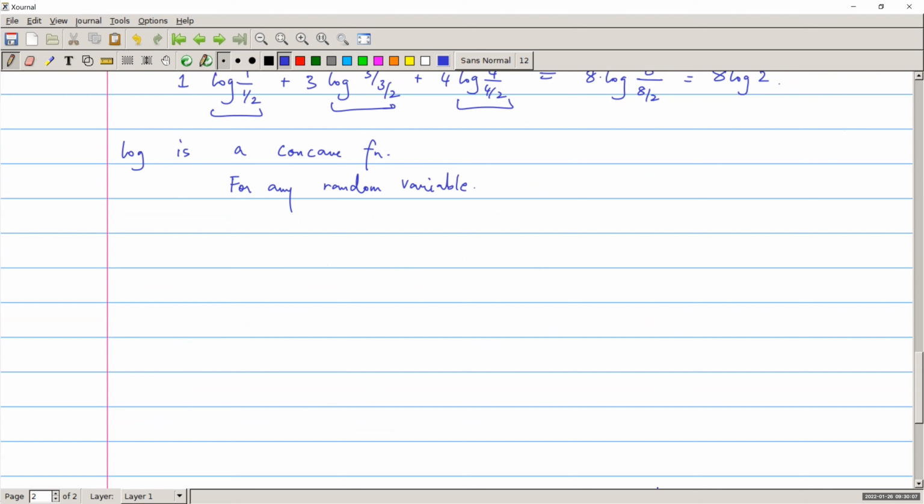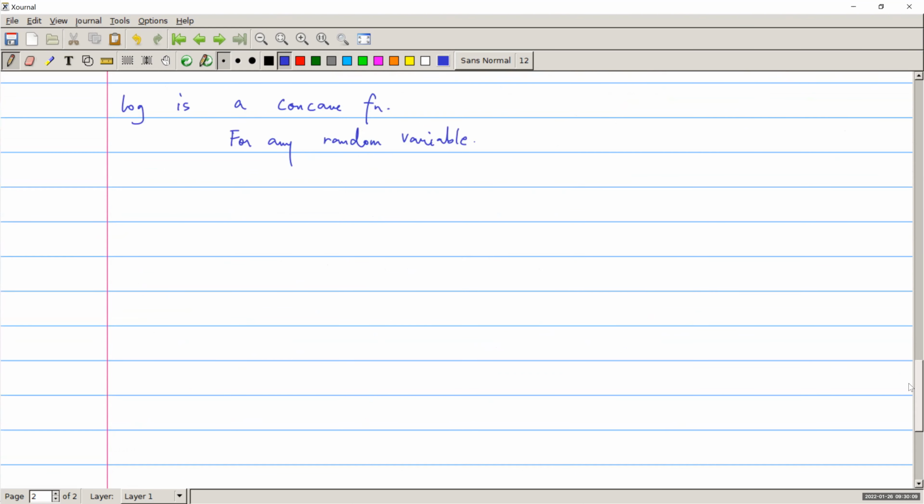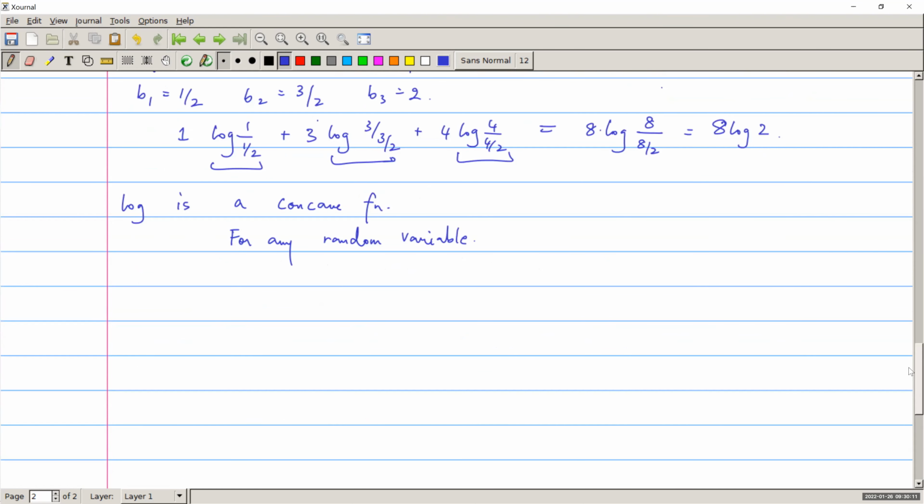If log is a concave function, then for any random variable, what do we know? We relate two quantities: log of expectation of X and expectation of log of X. Which direction will be the inequality? The log of the expectation is greater.